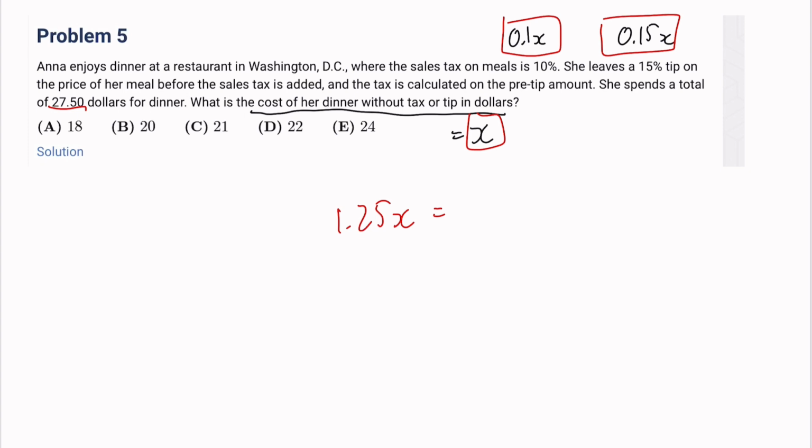So x equals 2750 over 125, which, if we divide by 25, gives us 110 over 5. So this is 22. So the answer is D.